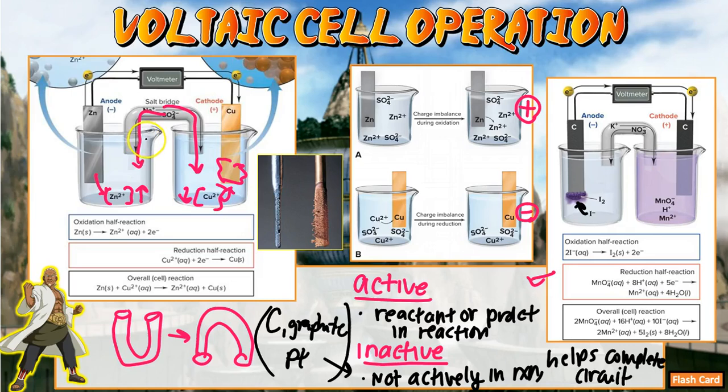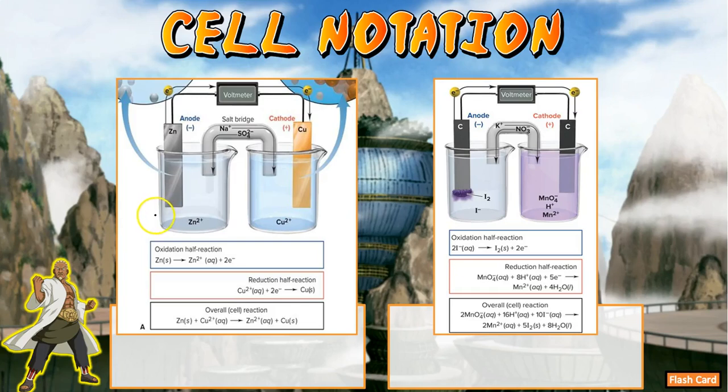That's going to allow the direction of electron flow to go from left, or the anode, to the right, or the cathode. Okay, folks, and we can see that demonstrated here with the little electrons that are going from one side to the next. Moreover, the Raikage tells us there's actually a useful way to describe those same components of a voltaic cell, and that is cell notation.